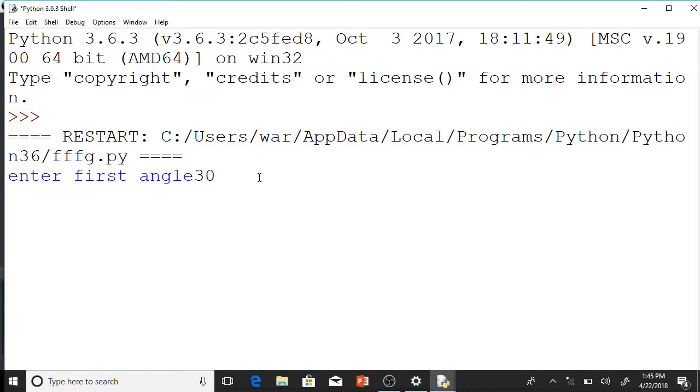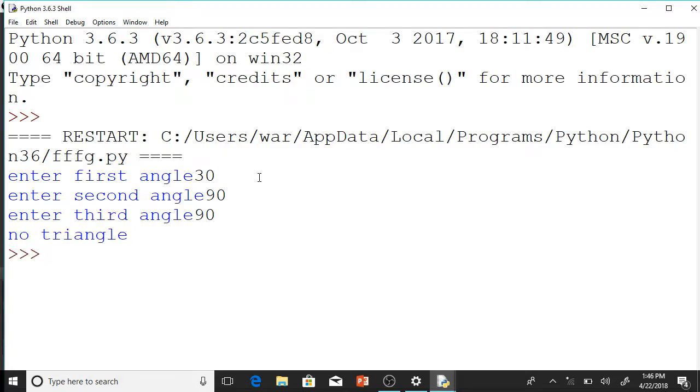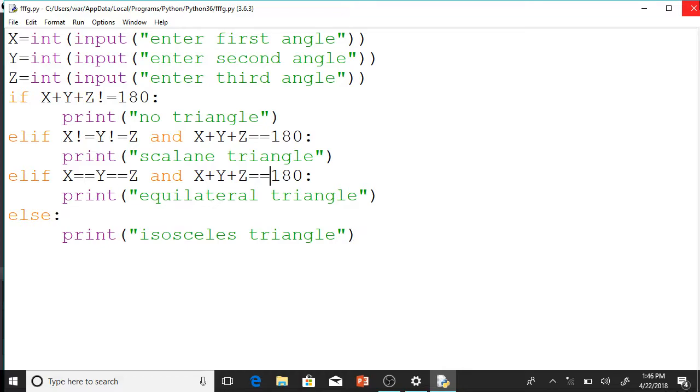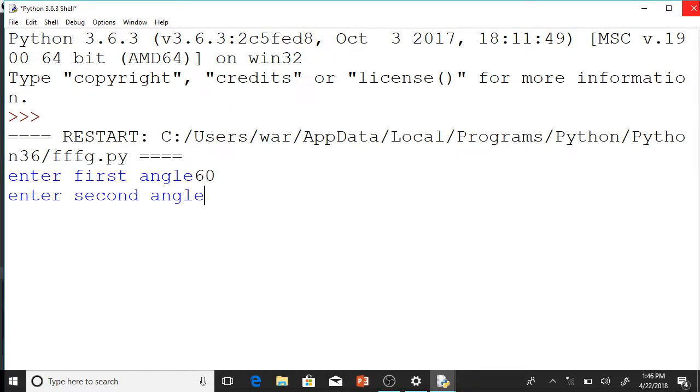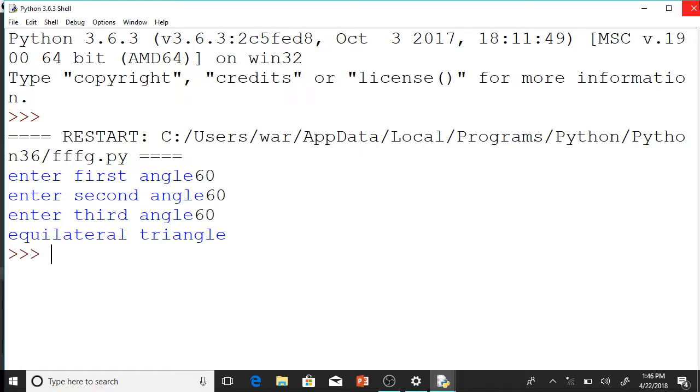Now I'll run. I'll write 30, 90, 90. It will bring no triangle because the sum of all three angles of the triangle is not 180, it's greater than 180. Now I'll write 60, 60, 60. It's an equilateral triangle.